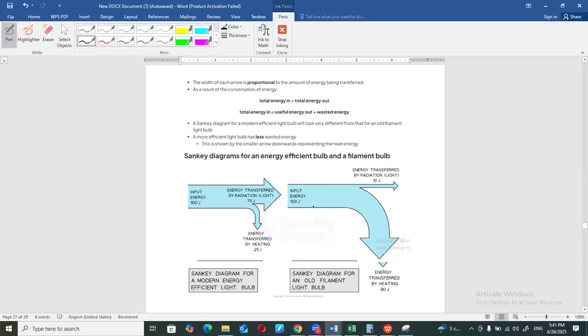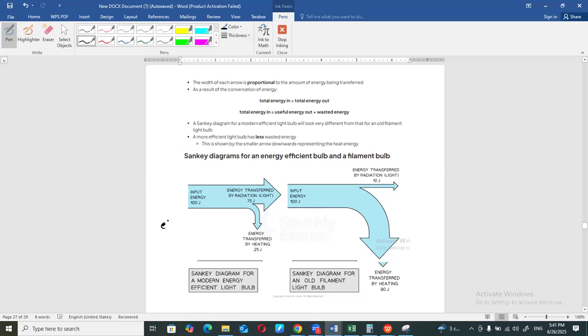On the other side, you can see the inefficient, the old bulb, or the bulb which is not efficient, where 90 joules of the energy is wasted, while 10 joules of the energy is just transferred. Now, at this point, we may think of efficiency, which is our next topic.